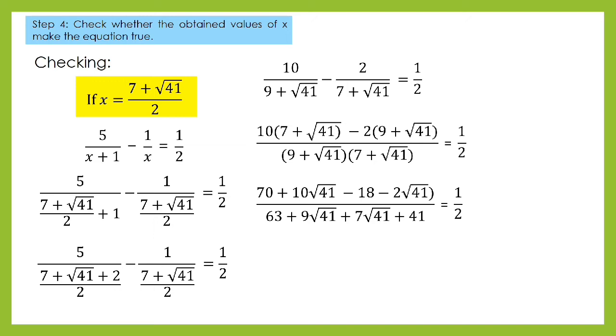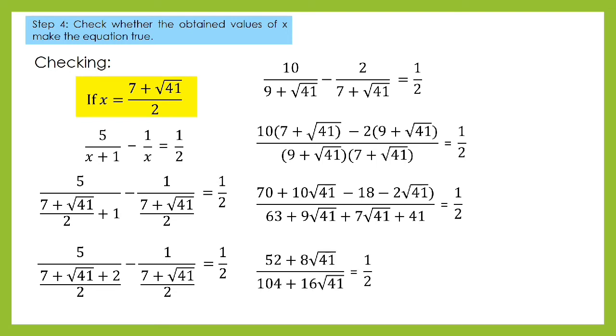First terms, 9 and 7. 9 times 7 is 63. Outer, 9 and square root of 41, the product is 9 square root of 41. Inner terms, square root of 41 and 7, the product is 7 square root of 41. And last terms, square root of 41 times square root of 41 is equal to 41, equals 1/2.